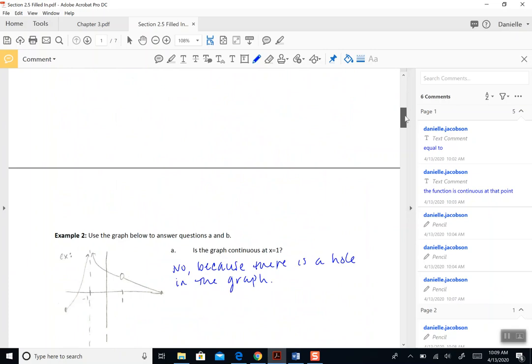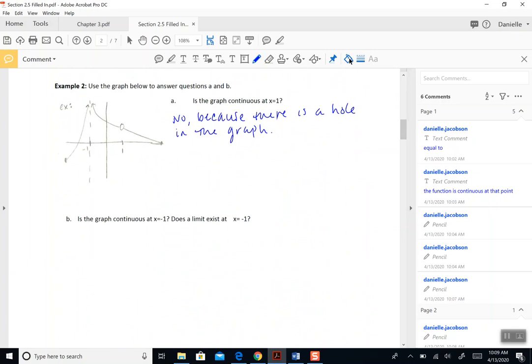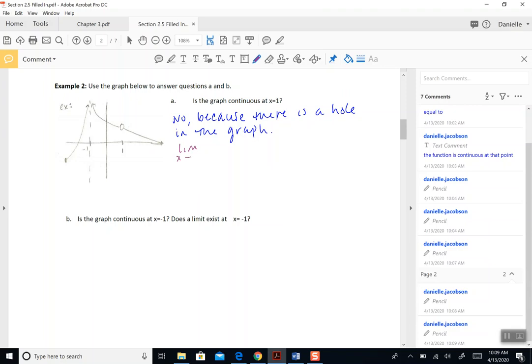So now if we go down here, we notice that calc-wise, the limit as x goes to 1 of my function f of x is equal to, and now as I approach 1, I see from both sides, so from here and here, the function does in fact approach 1 point, and that's where y is equal to 1. So I see that that limit does in fact exist.